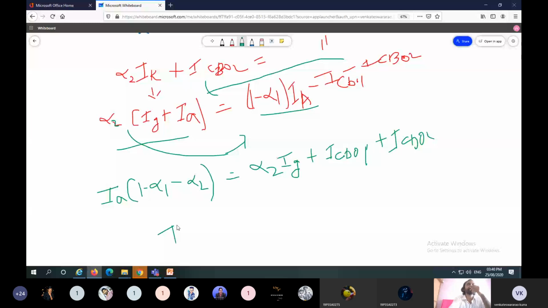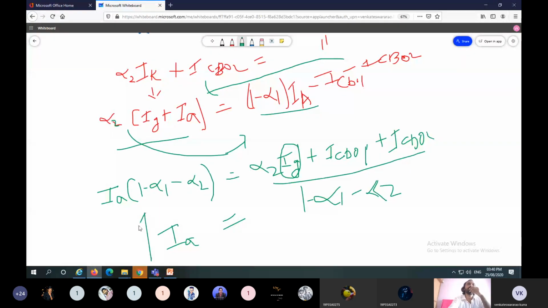So from this expression, with increasing gate current, we can increase IA. So with increasing gate current, we can turn on the device. This one is one of the methods of turn on of an SCR.